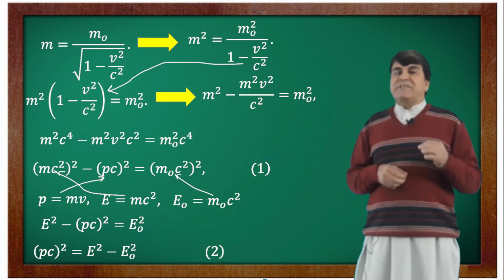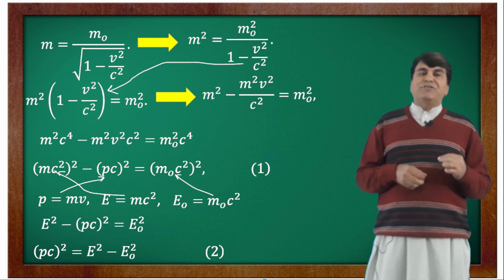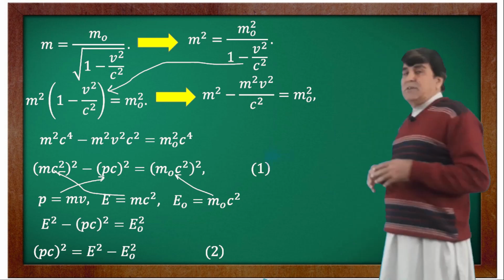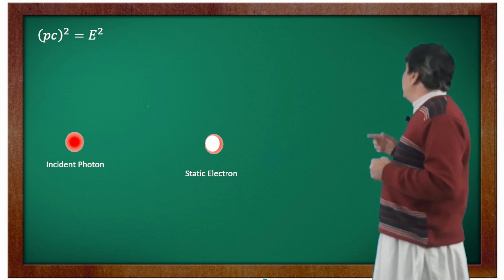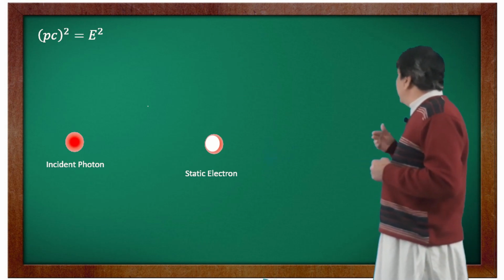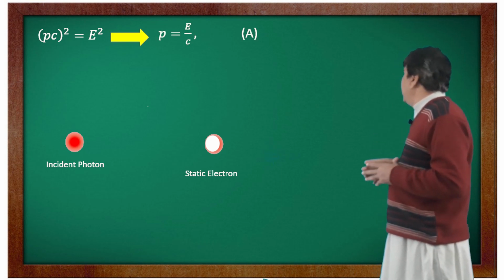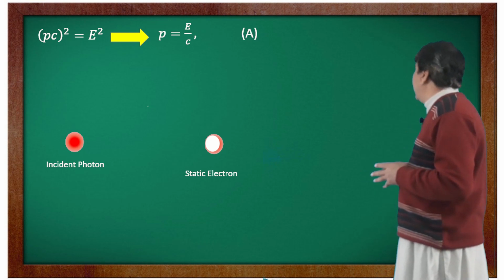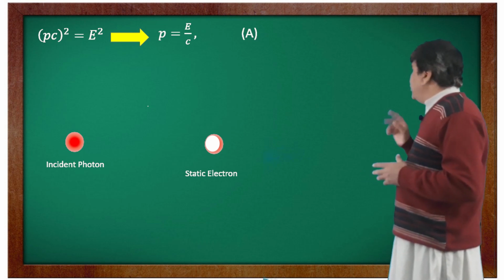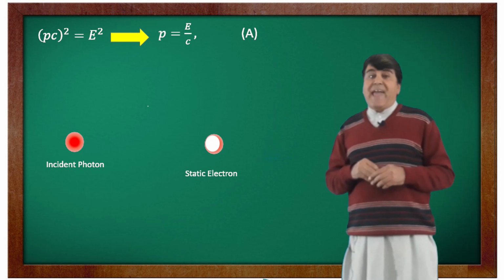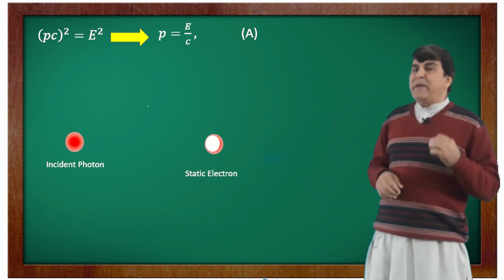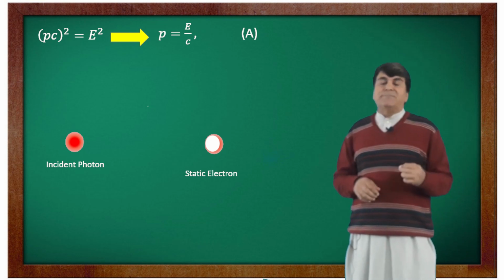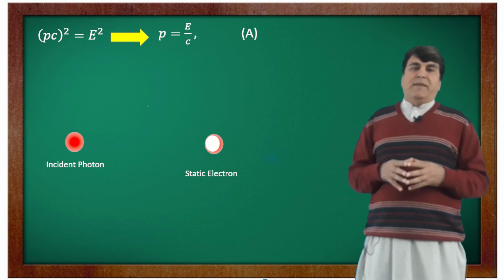For an object with zero rest mass, the rest mass energy E0 goes to 0, and equation 2 can be expressed in the form (pc) whole squared equals E squared. Removing the square, we write the equation as p equals E divided by c, and I denote this equation with A. So equation A in fact gives the momentum of photon in terms of its energy.